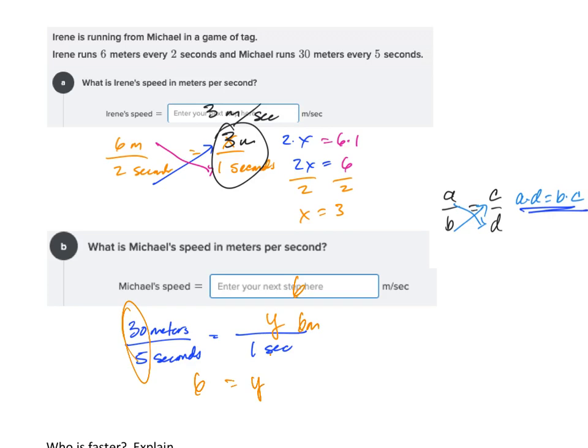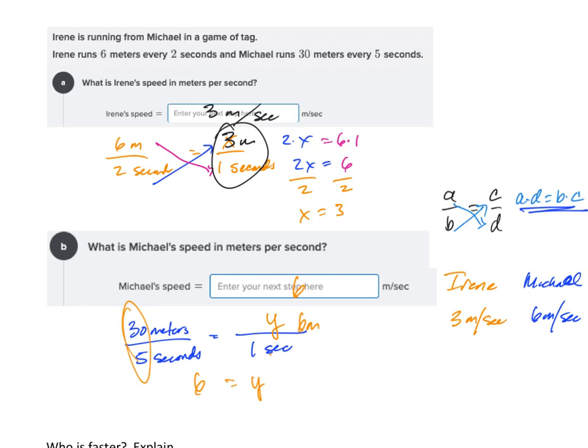Now here's the question. We're saying Irene runs 3 meters per second, and Michael runs 6 meters per second.